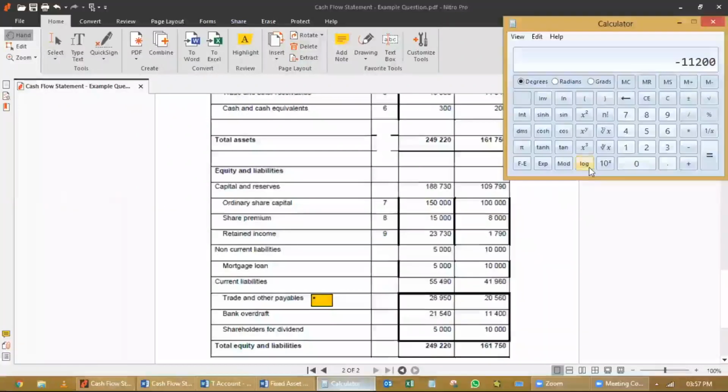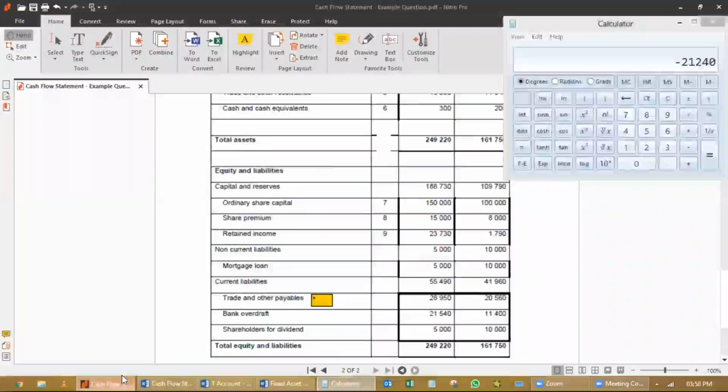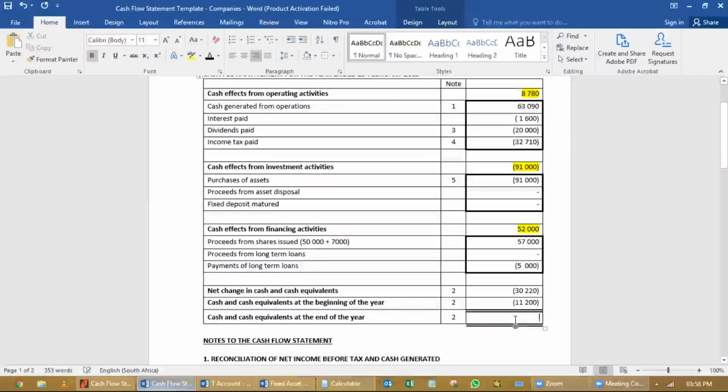At the end of the year I had a negative 21,540. But I had cash of 300 Rand, which was an inflow. So I had a negative 21,240.